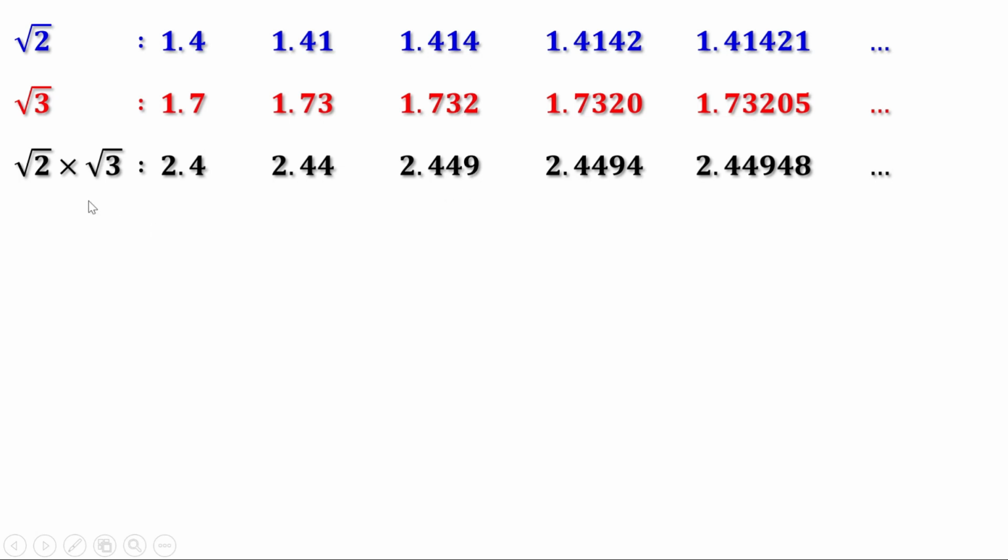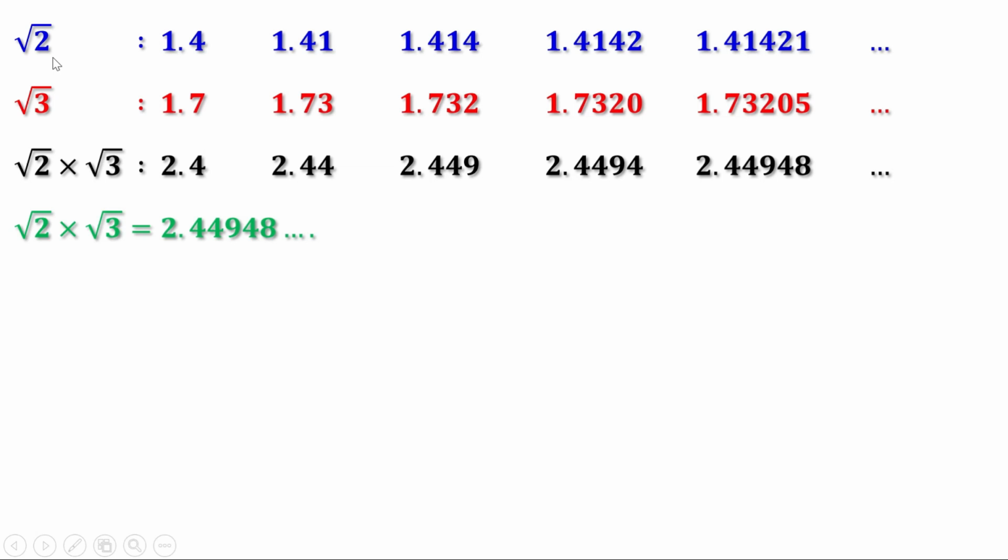Therefore, we can say that root 2 into root 3 is approximately equal to 2.4, 2.44, 2.449, or 2.4494, etc. These get closer and closer to root 2 into root 3. Therefore, we can say root 2 into root 3 is equal to 2.44948, etc.